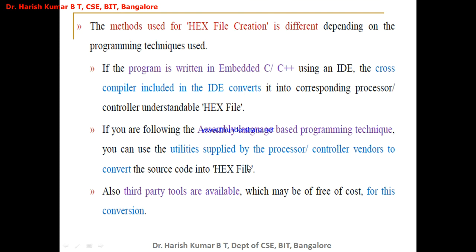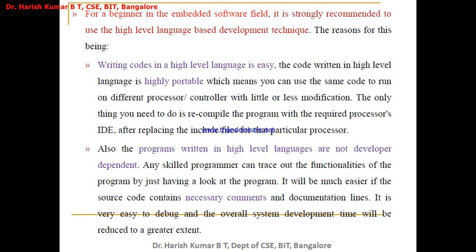Now the methods used for hex file creation differ depending on the programming techniques. Assembly language based programming can use different tools, but what we are using is Keil, and you know how to generate the hex file in Keil. I think I need not explain this.